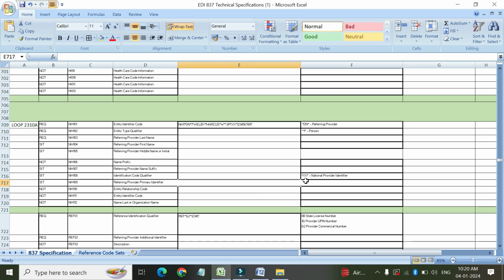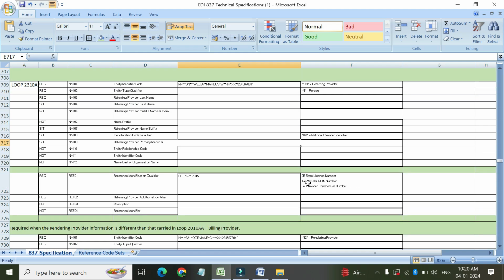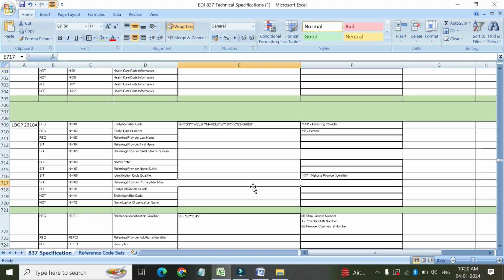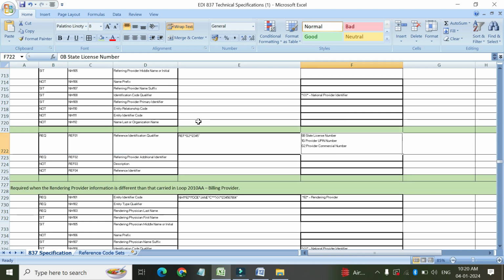There are other identifiers as well, like your state license number, provider UPIN number, provider commercial number, but these identifiers were used in the older version when NPI was not mandated. Now it is mandatory to send the NPI as the identifier of any provider, and that's the reason these secondary identifiers are no longer sent on the claim unless they are required by some payer, then they are allowed. So hope the referring provider's information is clear.